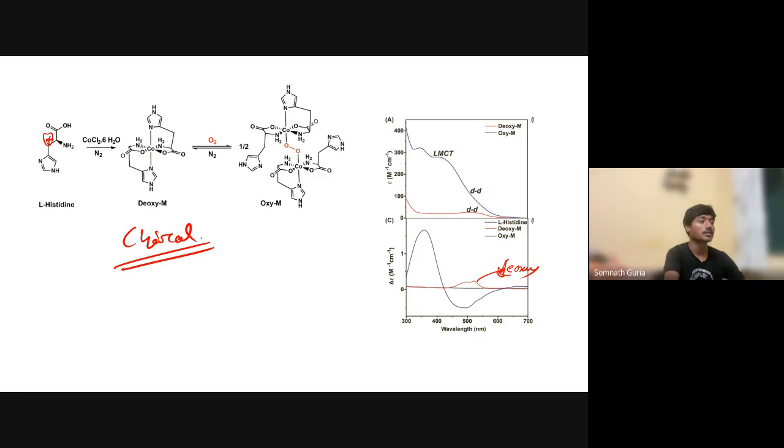This is the deoxy, and if you pass the oxygen, it reversibly binds the oxygen, and it will show a different LMCT. Because the oxygen is bound, it is forming the cobalt peroxo bond. This peroxo is also monitored by Raman spectroscopy, which we found last month.